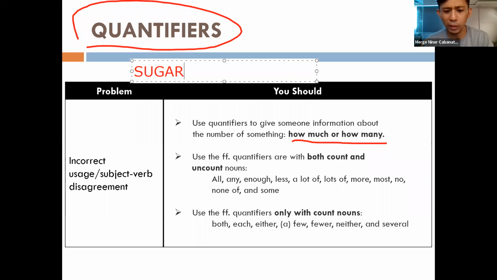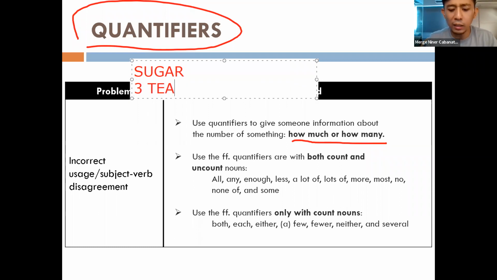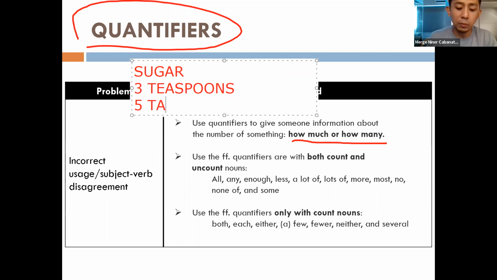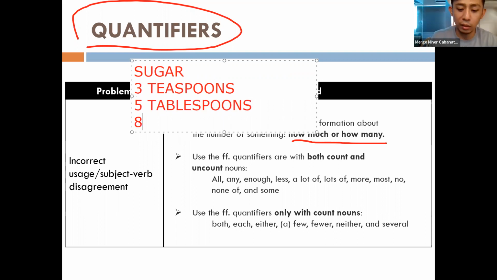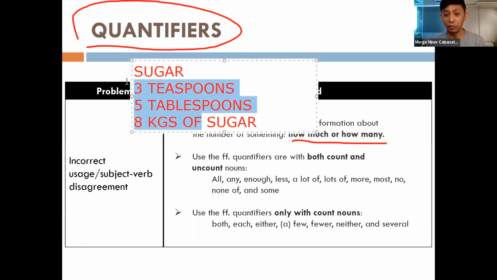We can measure it by saying 3 teaspoons of sugar, 5 tablespoons, per kilos, 8 kilograms of sugar. So, nakita yung 3 teaspoon, 5 tablespoon, 8 kilograms. Ito po yung mga sample ng quantifier.